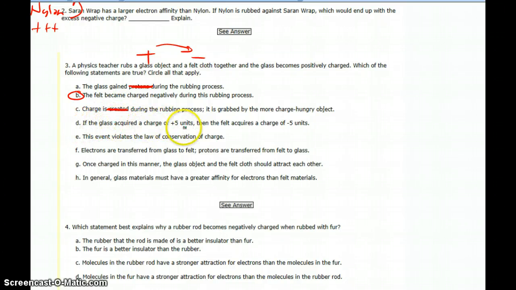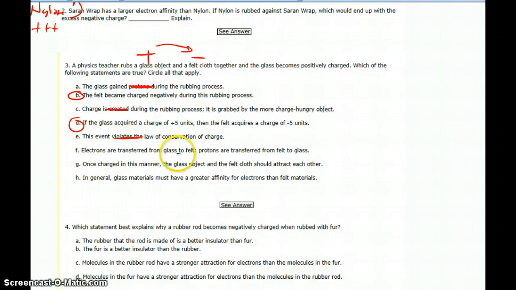If the glass acquired plus 5, then the felt acquires negative 5. That's conservation of charge. We got equal but opposite amounts, so yes, that's true. It does not violate the law of conservation of charge. It really can't, because it is a law of conservation of charge. There's no way for us as humans to get past that law.